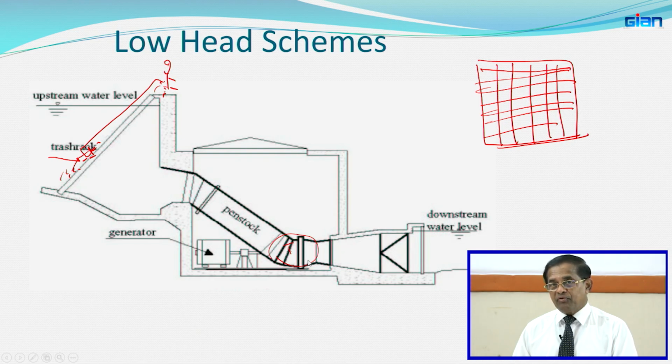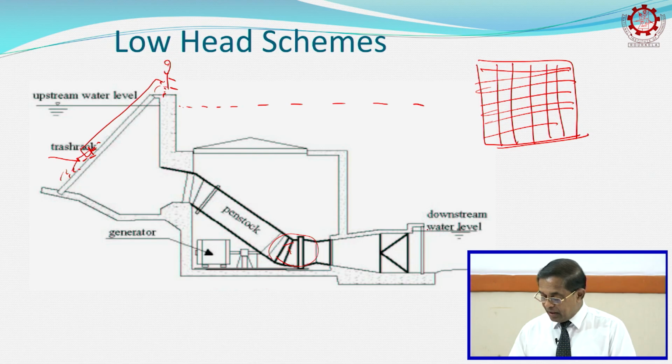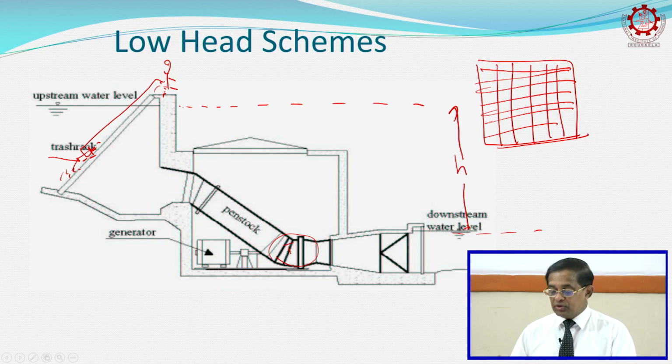The other type of turbines are the impulse type turbines, which we are going to discuss separately under a different topic, right. And here the characteristic is that the head is considered as the top water level and the downstream water level. The head will be this, downstream water level and upstream reservoir water level.